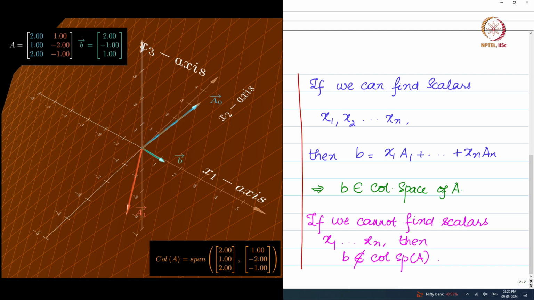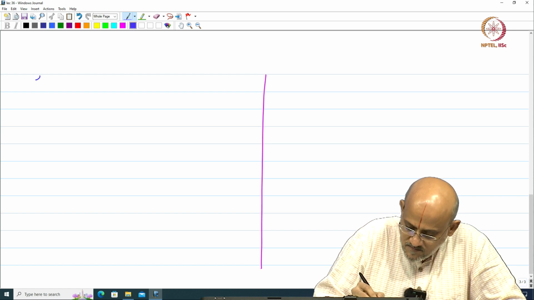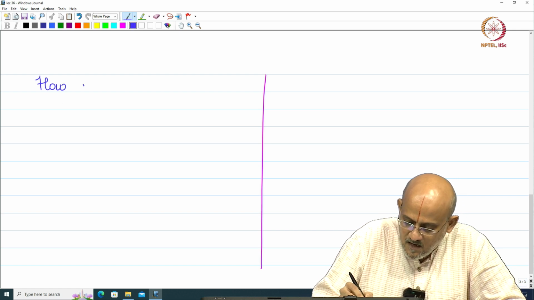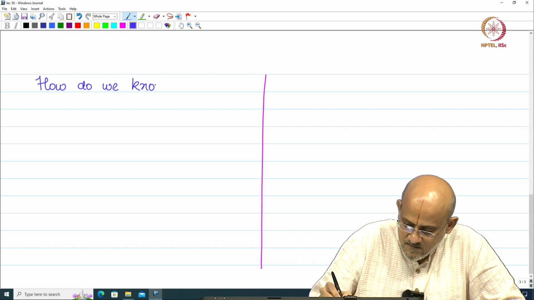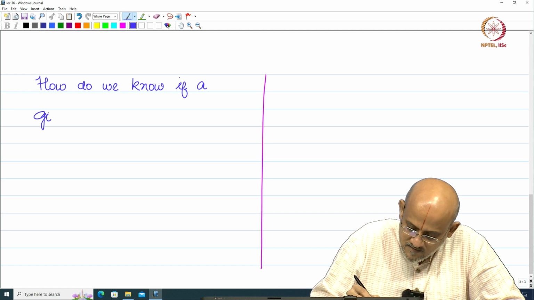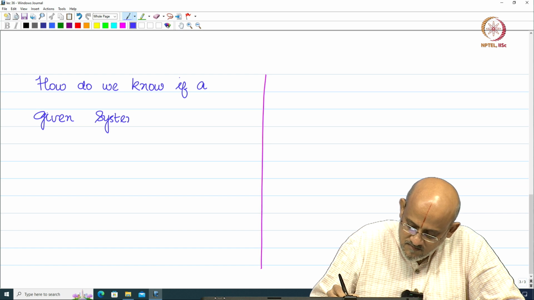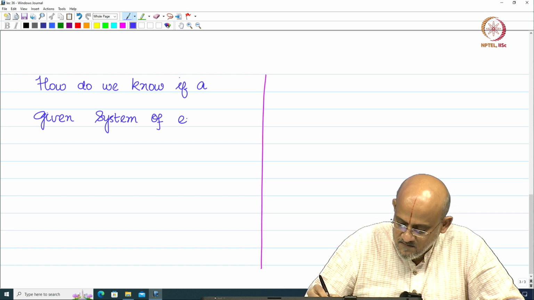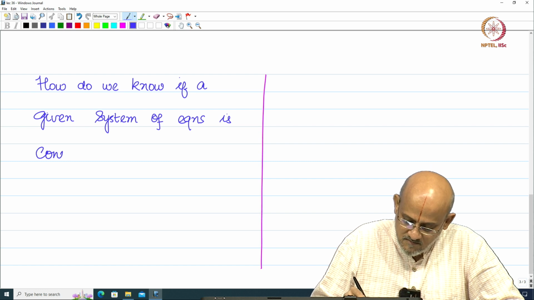Now, what do we mean by this? The question that we ask is, how do we know if a given system of equations is consistent or not?